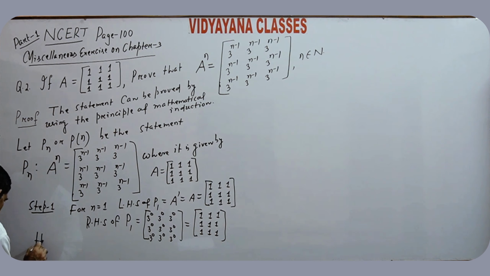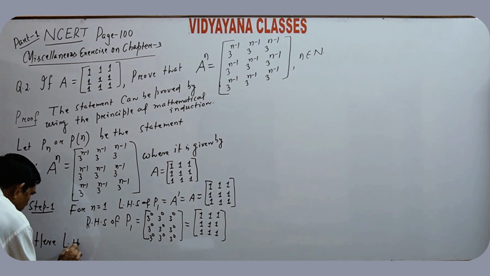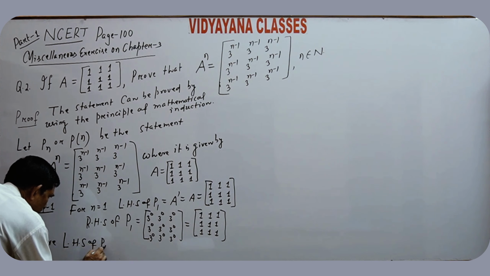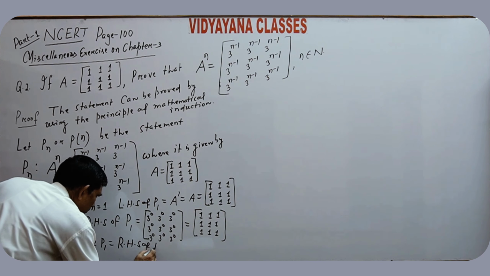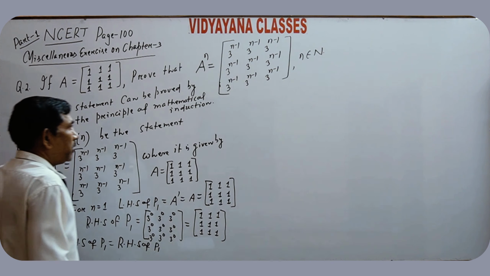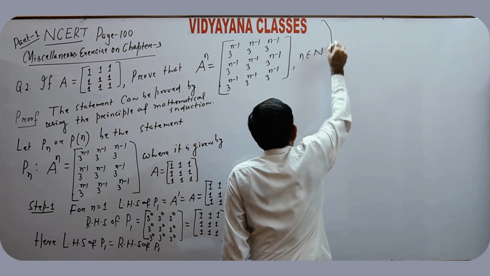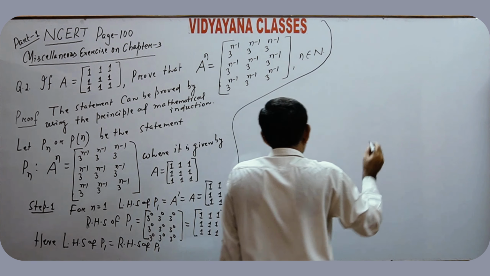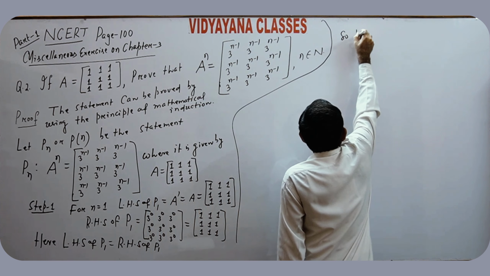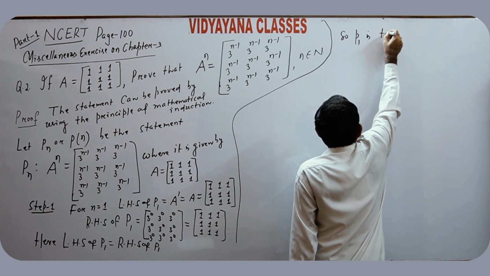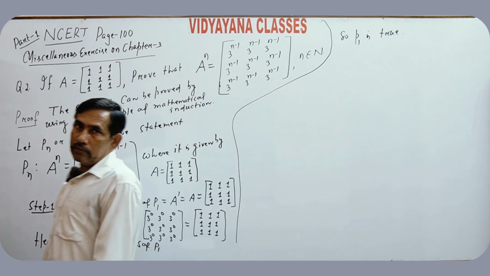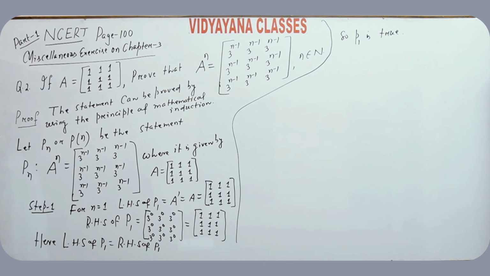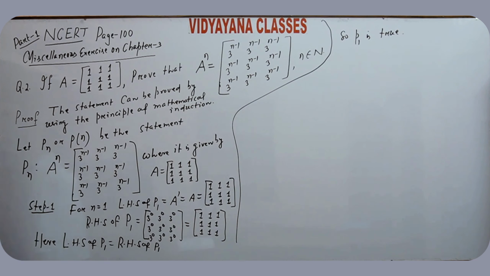Here the left hand side of P1 is equal to the right hand side of P1. So P1 is true. The first step is proved for n is equal to 1, which is true.